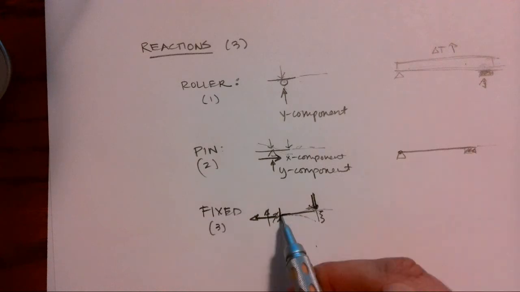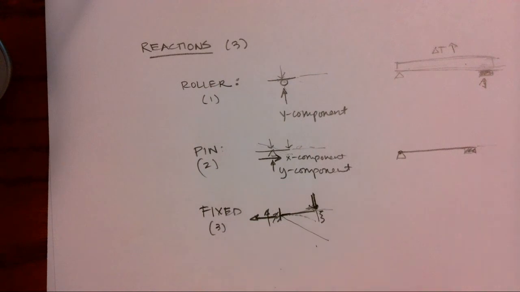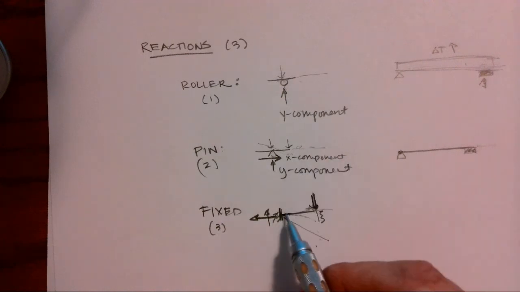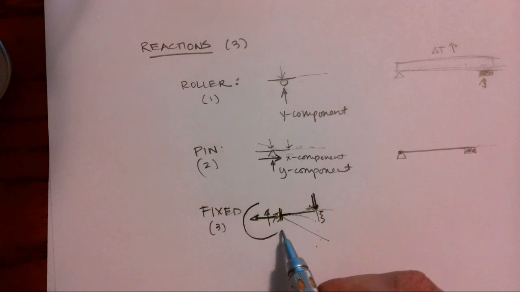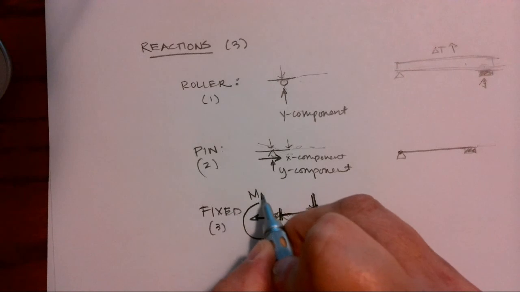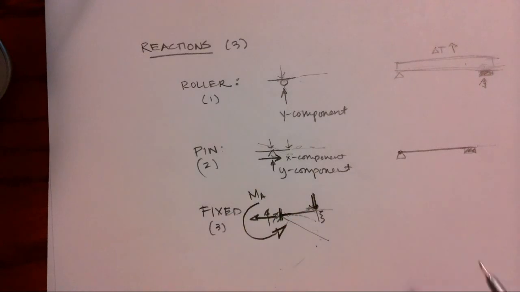If this were pinned, then this would just be like a door hinge, and we don't want that. That would not work as a diving board. It would just hang down to the ground. So it's fixed. There's zero rotation because we have this internal moment coming around that's pushing it back up to stay in place. So we would say we also have a moment. That's our three unknowns.